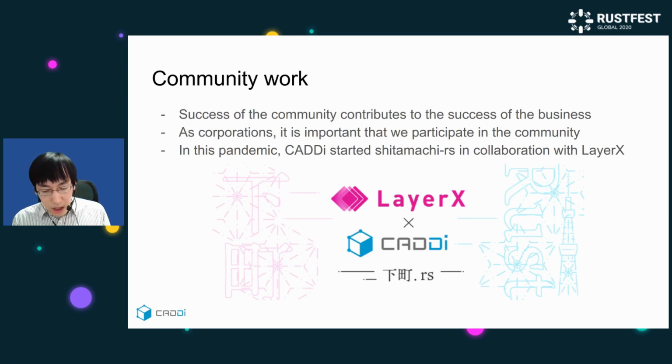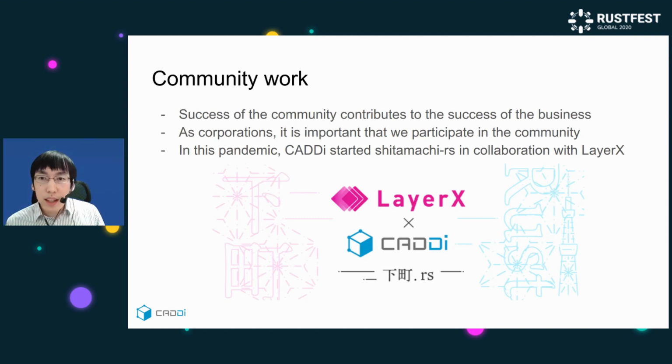With the pandemic here in Tokyo, a lot of things started to shut down in March, so in April we started an online meetup called Shitamachi RS in collaboration with Layer X, because as corporations, we often have some resources that the community does not have access to. We believe it's really important to keep the community alive and make sure that there is constant innovation and that people are always engaged.